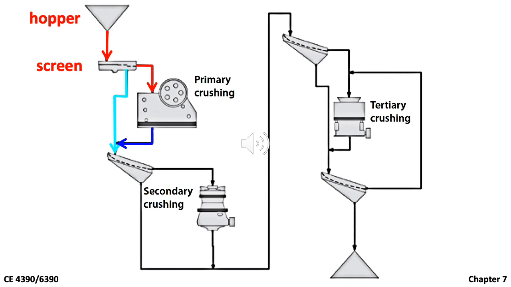The oversized material at this screen is passed to the secondary crusher for another stage of crushing. If yet another stage of screening and crushing is needed, the product will be passed to the third screen, which is known as the tertiary crusher. If there is still oversized material, it will go back to the tertiary crusher until it passes through the final screen.